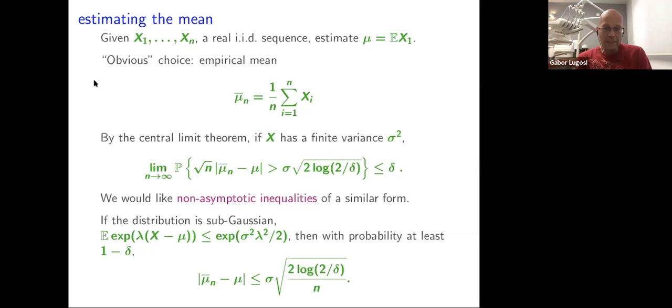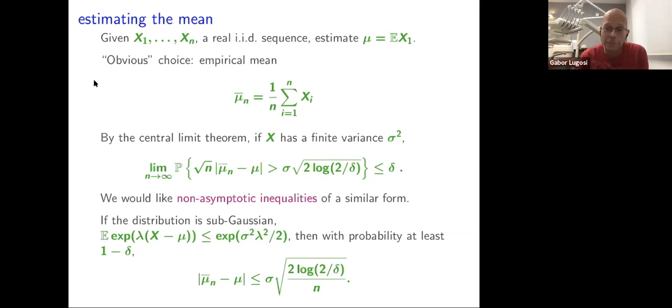As I will explain later, I will always assume that X has a finite variance. This is not a strong assumption. Some of the things I'm going to say can be generalized beyond this case.